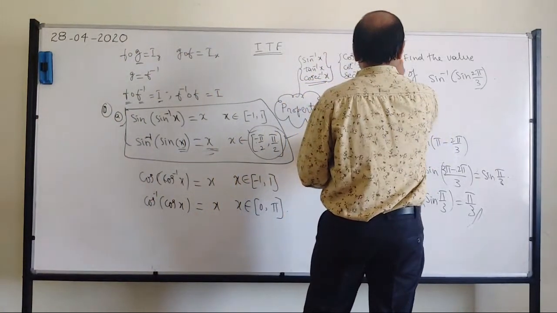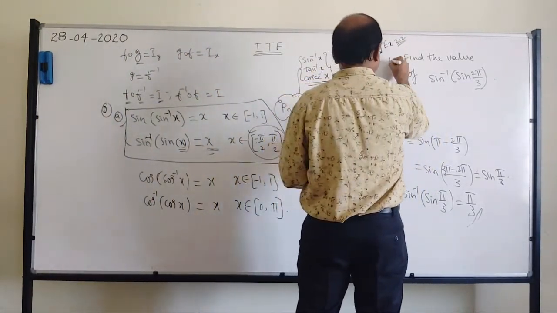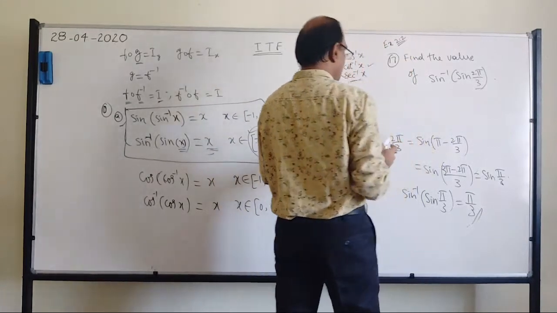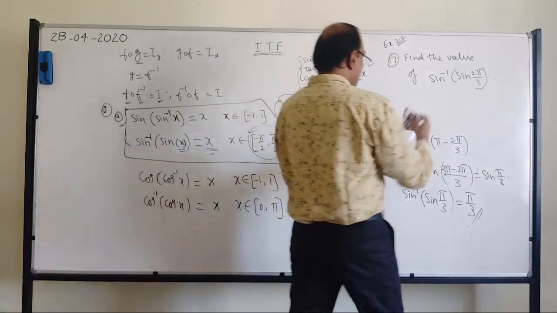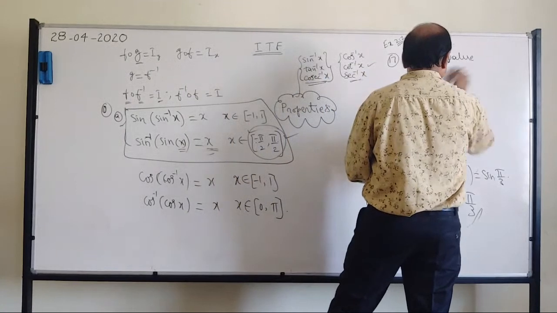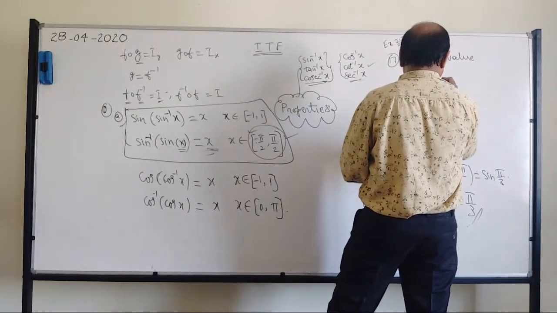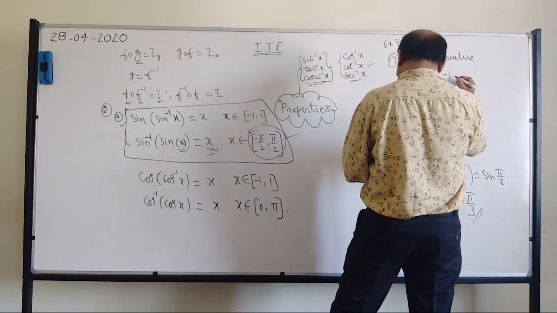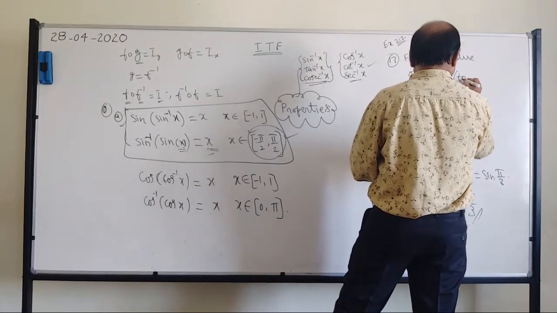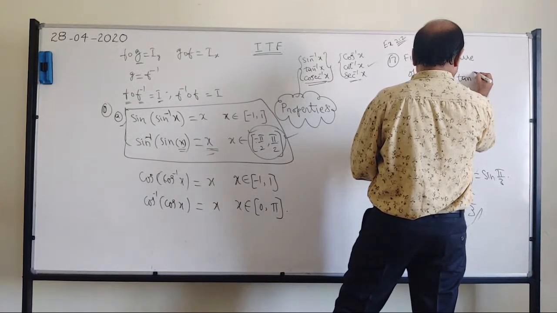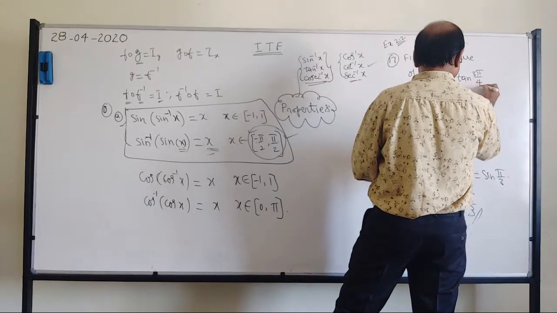Let us do question number 17. Find the value of tan inverse. In place of sine you have got tan inverse. Tan inverse of tan 3 pi by 4.